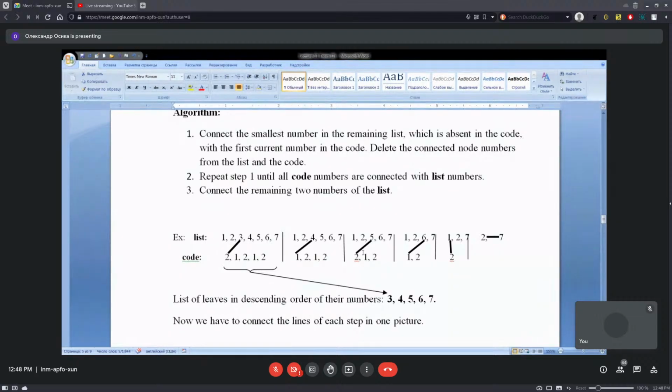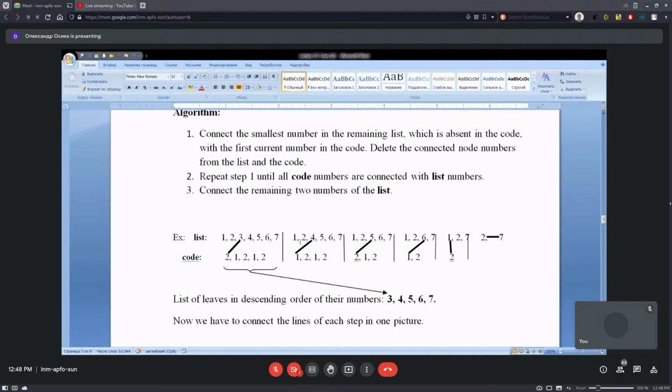We connect 5 with the first number in the remaining code, 2: 5 and 2. Now 1, 2, 6, 7, and the code 1, 2. The smallest number absent in the code is 6. It is 1, 6. These are edges, by the way.